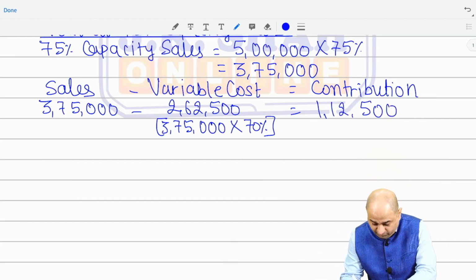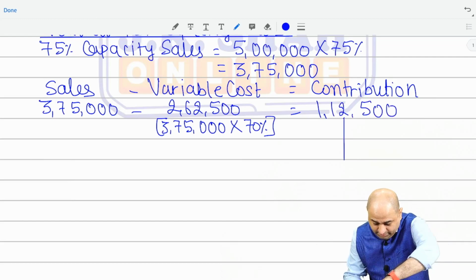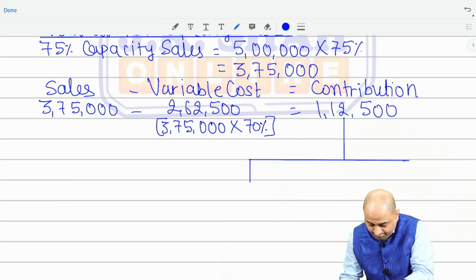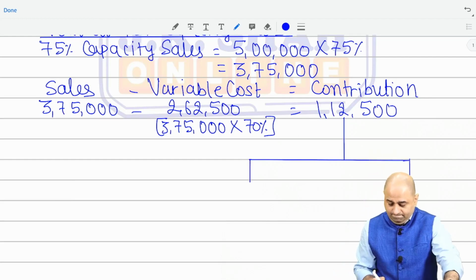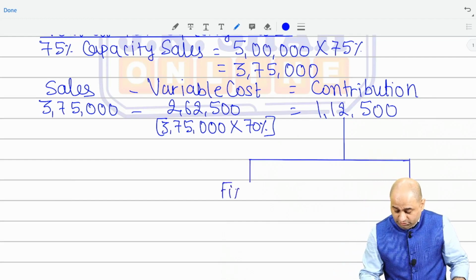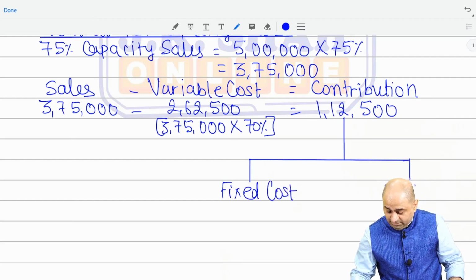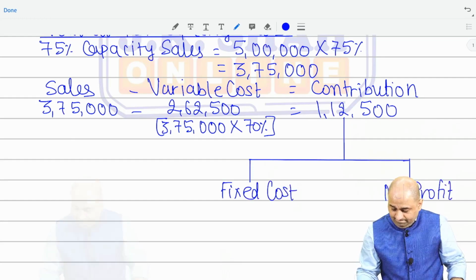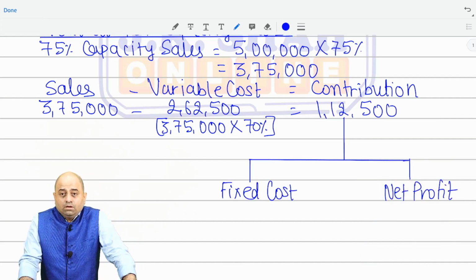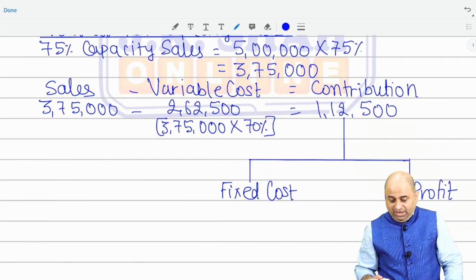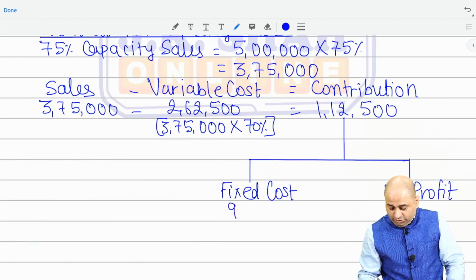Now, which we divide into different parts: fixed cost and net profit. Now, fixed cost is given to us at 90,000.